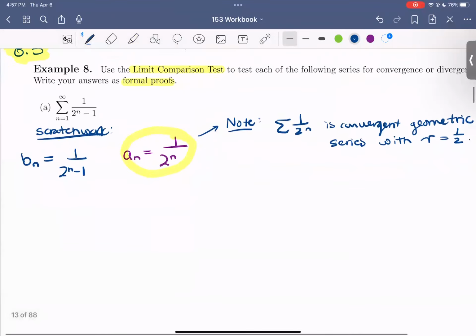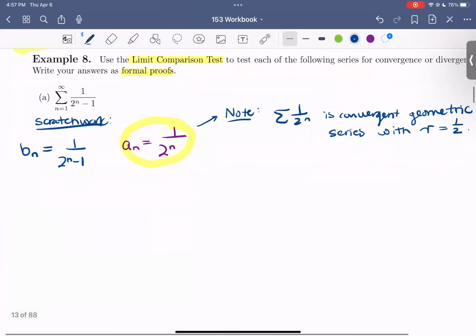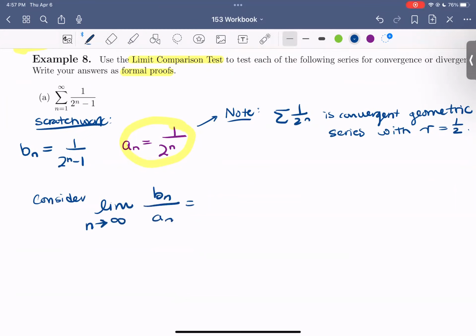Let's go ahead and set up that limit. We need to consider the limit as n goes to infinity of b_n over a_n. Let's write out what that looks like. That is the limit as n goes to infinity of, I'm going to write in a different color so it's clear what our b_n is, b_n, which is 1 over 2^n minus 1, divided by our a_n, which is 1 over 2^n.